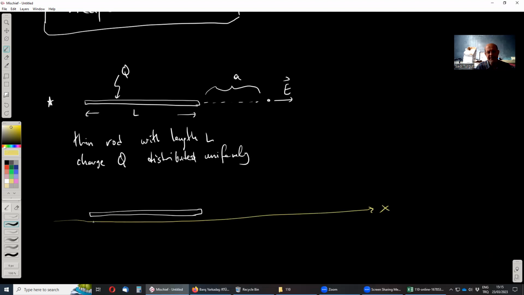I mark the left end as the origin and the right end therefore has a coordinate x equals L. So any piece of charge in here can be described as an interval where the left coordinate is x and the right coordinate is x plus dx. So in any case, the charge in here will be dq and so on.